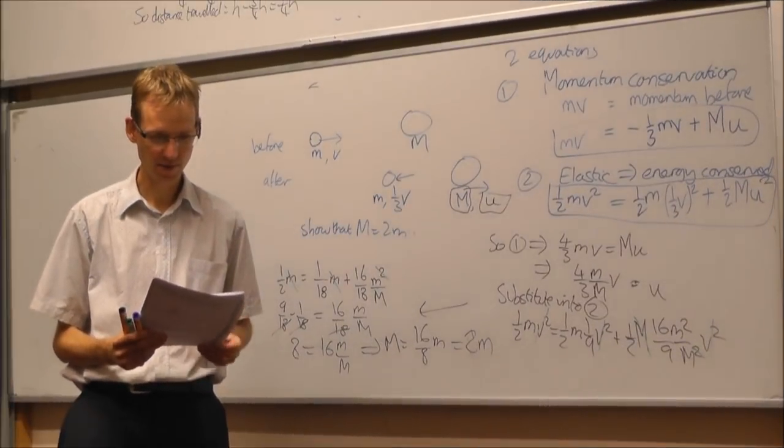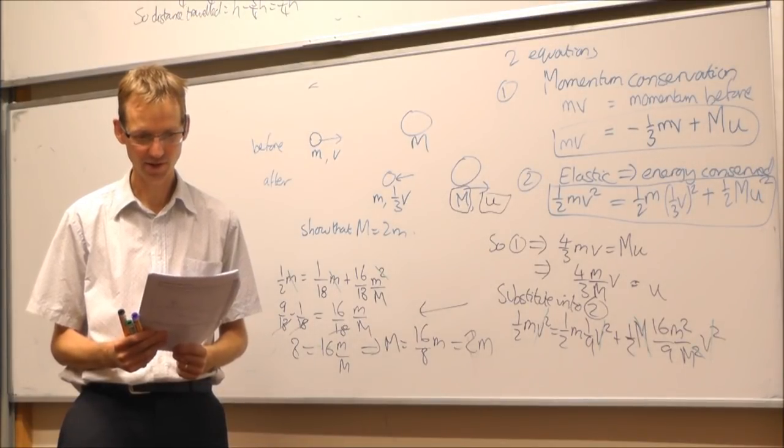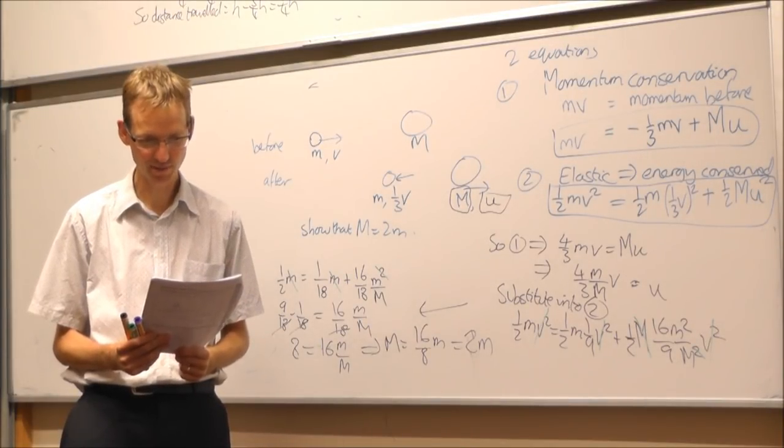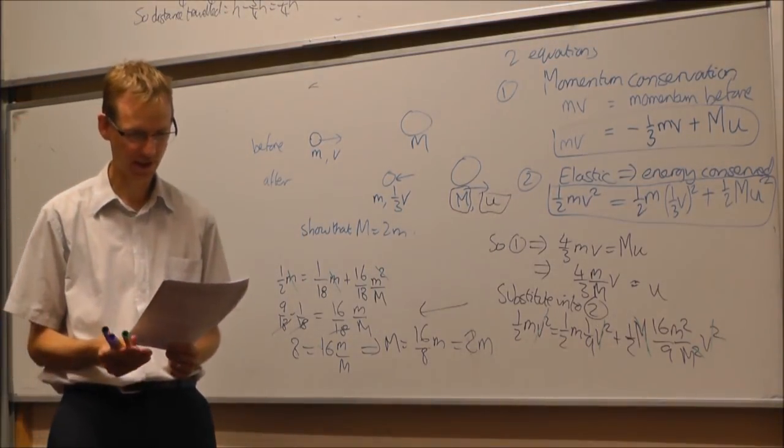Part D. A pair of stationary balls, both of mass m, are sliding along a long, horizontal frictionless groove towards a third ball, also of mass m, as shown in the following diagram.